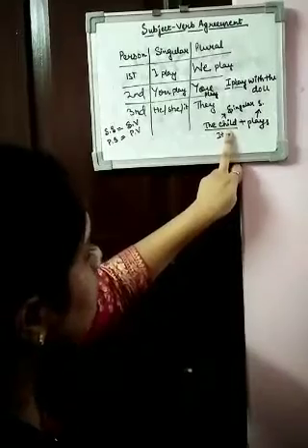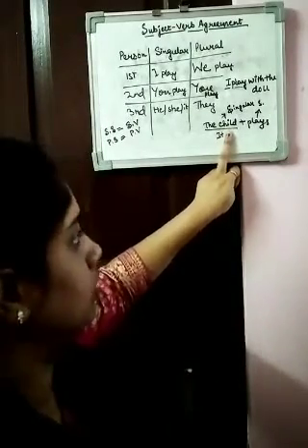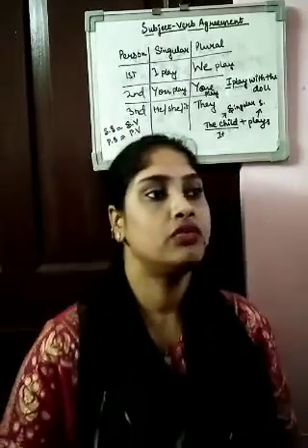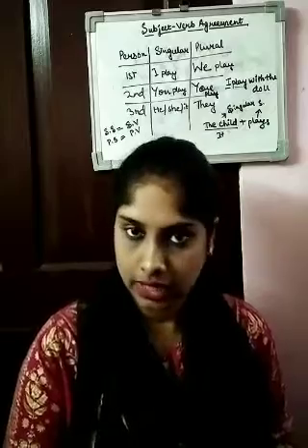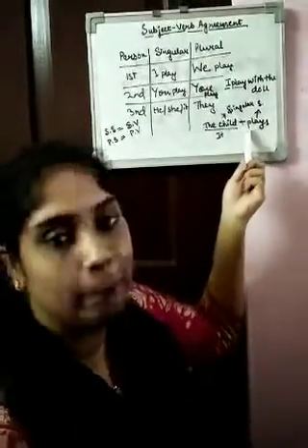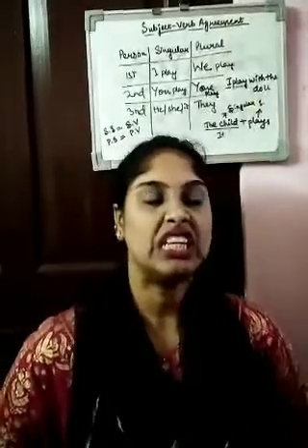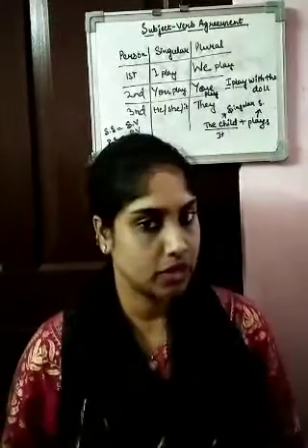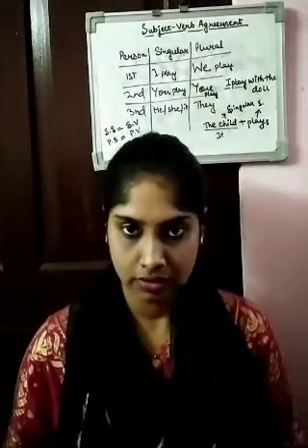Now, this is the child. We are talking about that particular child, one baby or one child, right? So that's how we get plays. We will write the verb plays. But if we are talking about a lot of children, the plural form of child is what? Children, right?